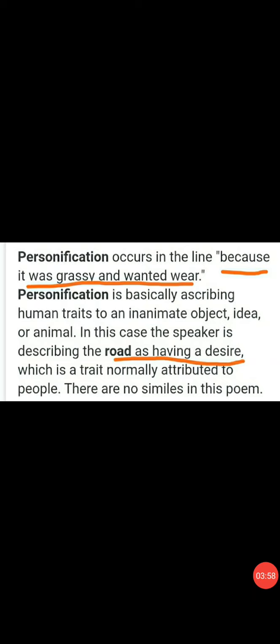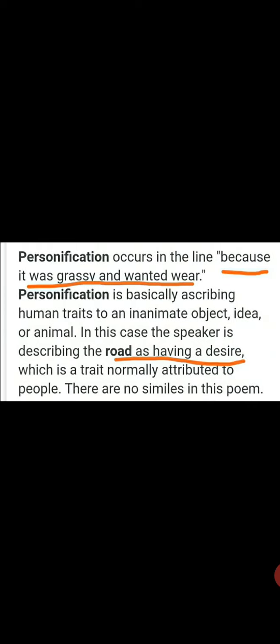Next is personification. In the third line of the second stanza, you can see personification. See? Because it was grassy and wanted wear. Here the speaker is describing the inanimate object, the road, as having a desire like a human being. Understand? So what is personification?